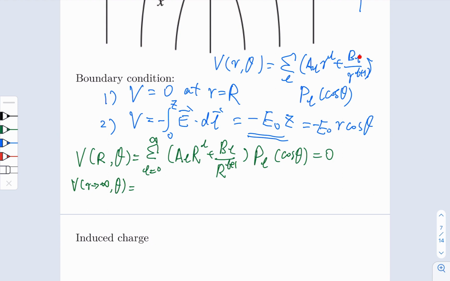We said earlier that for a typical boundary condition where the potential at r going to infinity goes to 0, we simply ignore this term, because this term will diverge. But in this case, you can see that the boundary condition actually has r to the power of 1, so not every one of these terms goes to 0.